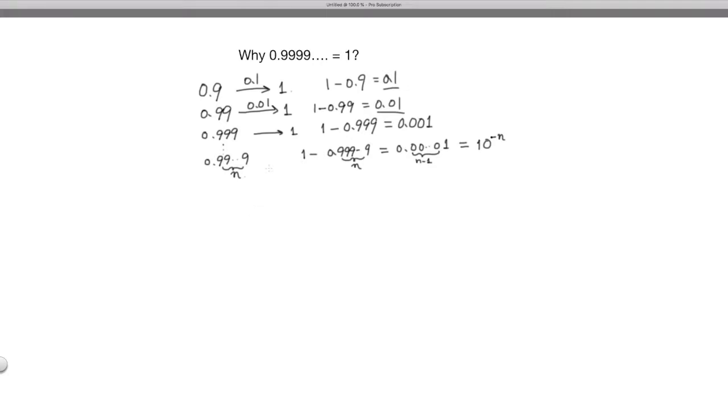So as the number of 9s increases, the distance away from 1 gets smaller and smaller. It actually goes to 0.